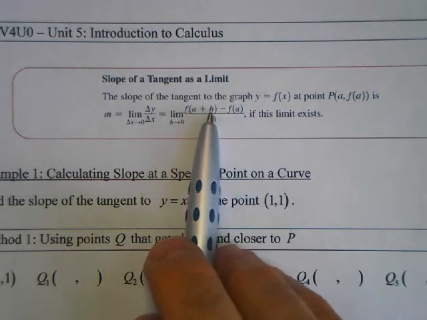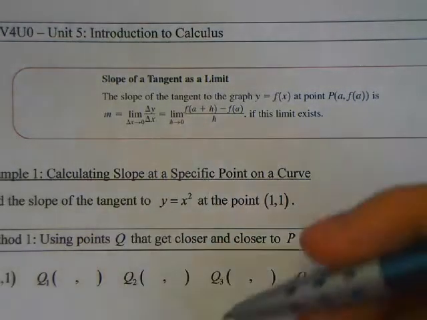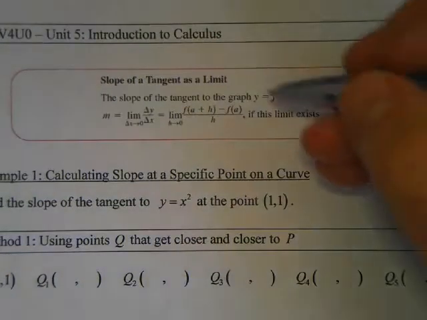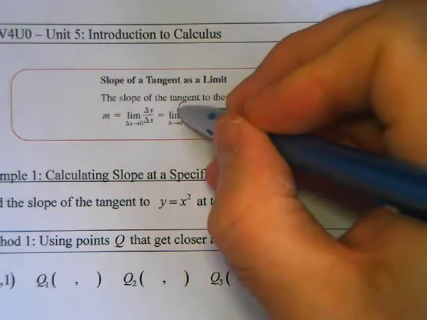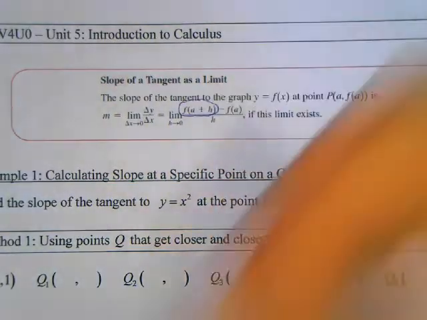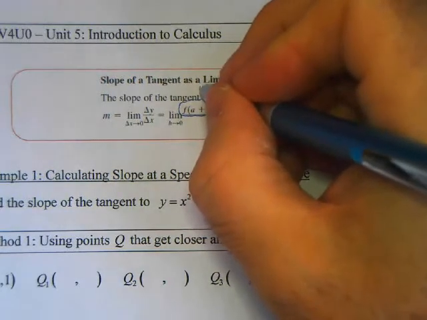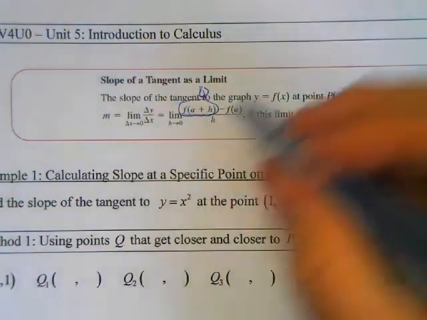So a plus h, this point here, is your Q point, because f of a is your P point.